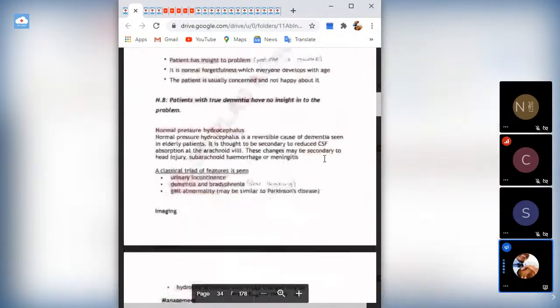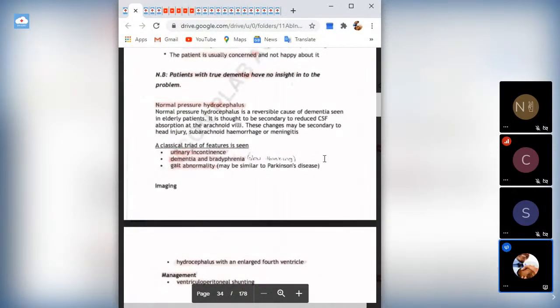So, normal pressure hydrocephalus. How do you know hydrocephalus on brain CT scan? You see ballooned out ventricles, both the lateral ventricles, the third ventricle, the fourth ventricle, all of them are ballooned out. That shows you that there's an obstruction somewhere, or something is going on. Now, in the case of normal pressure hydrocephalus, there will be normal pressure, all right?